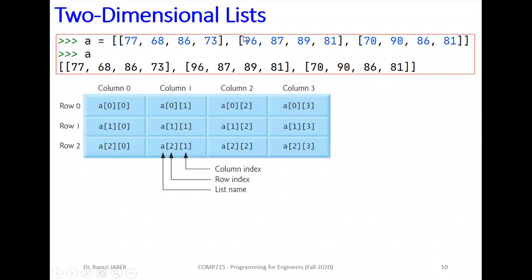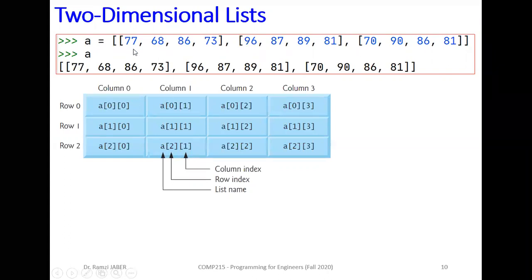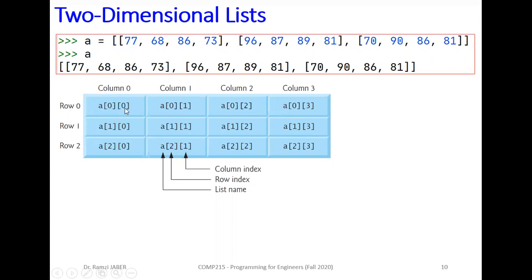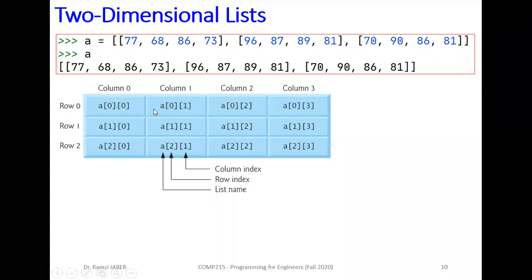So it's a double subscripted list, a two-dimensional array. Row 0 will be A0, row 1 is A1, row 2 is A2.